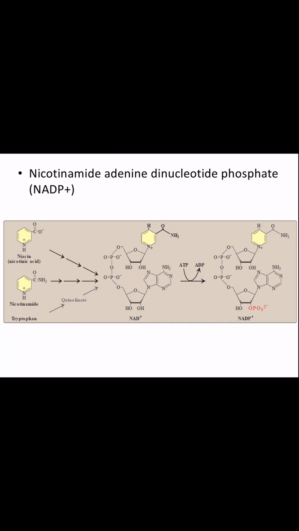This tryptophan gives rise to niacin, and further it is in the amide form as NAD, and once phosphorylated it is in the NADP form. NAD and NADP are the forms by which they act as coenzymes for different reactions.